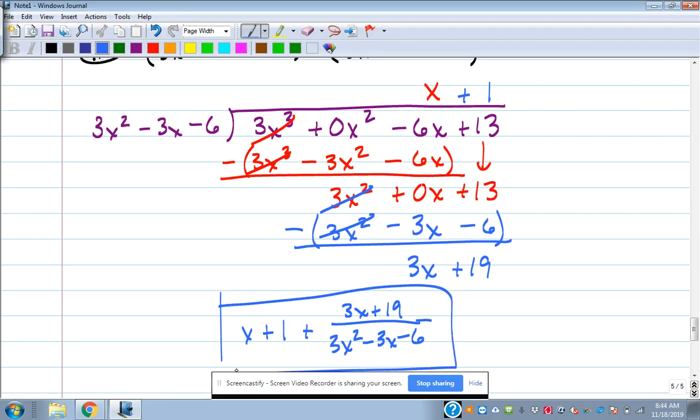So long division is wonderful and it works. But look how many operations you got to do. You got to do 1, 2, 3, 4, 5, 6 just for the first step. And then you got to bring this down, and then you got to do 1, 2, 3, 4, 5, 6. So there's 12 so far. And then get the final thing here and see if it goes again.